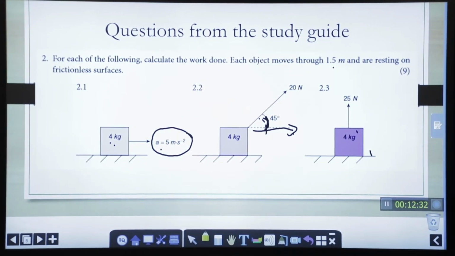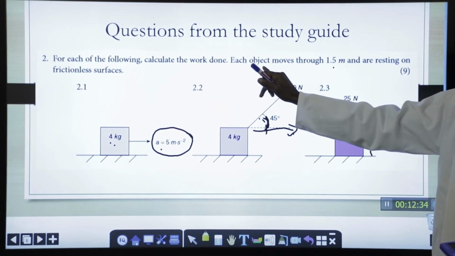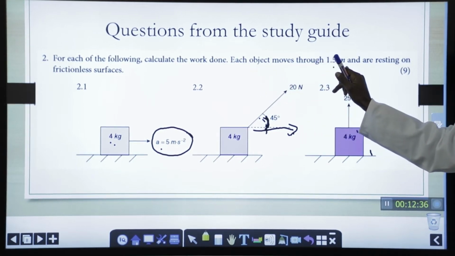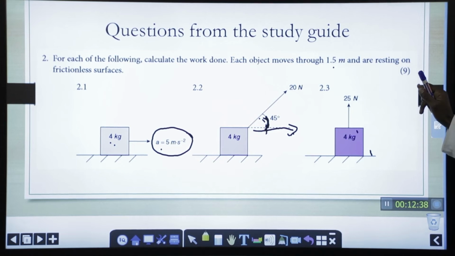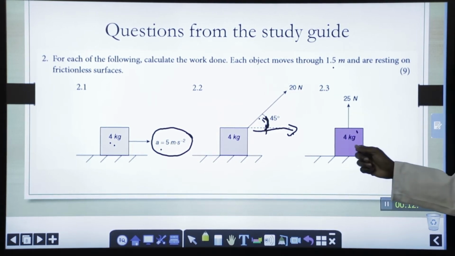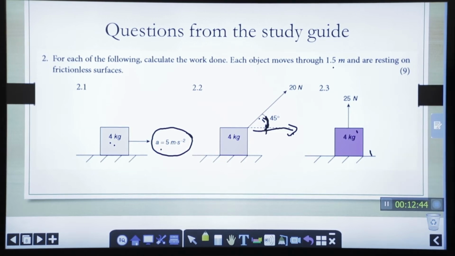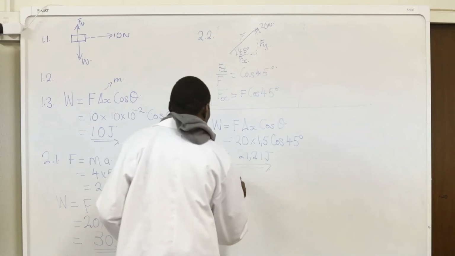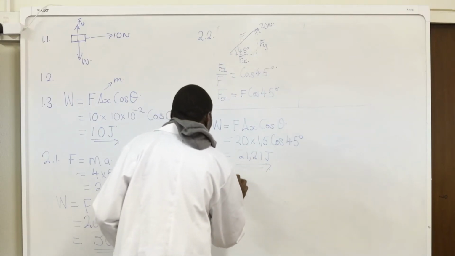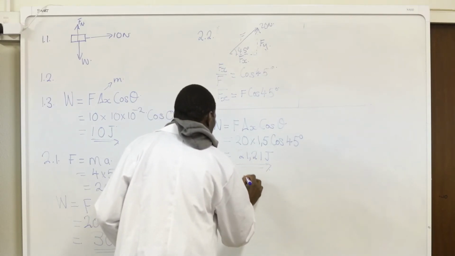The question is not clear if the object is moving 1.5 meters horizontally or vertically. So if it is moving vertically, let's have those two. Well, let's start with if moving horizontally.